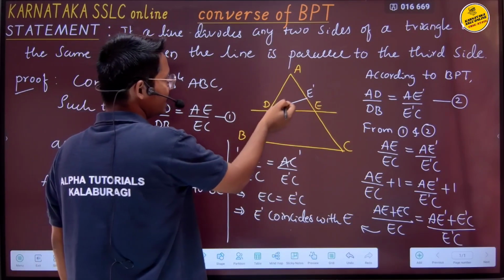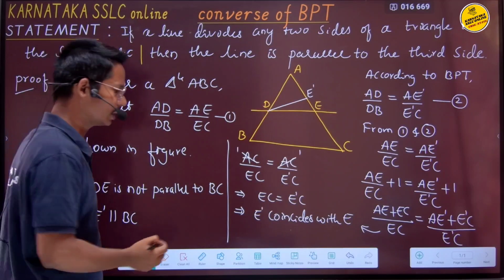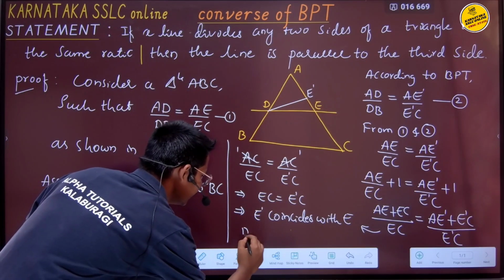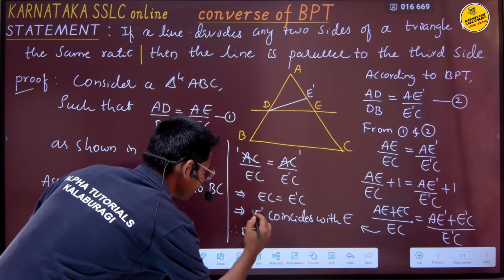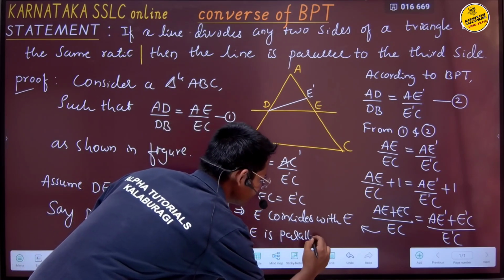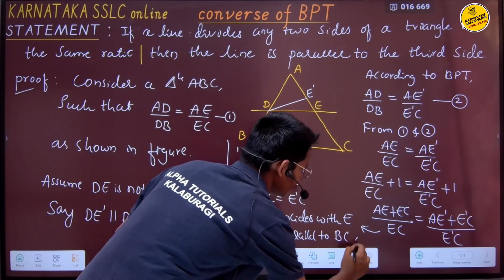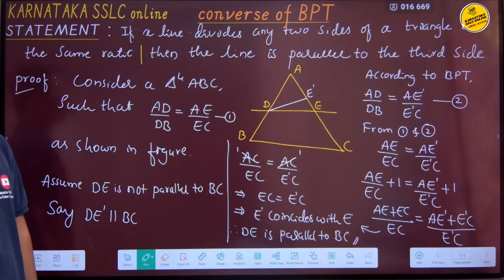It means when DE dash is parallel, DE is also going to be parallel. Therefore, DE is parallel to BC, the third side.